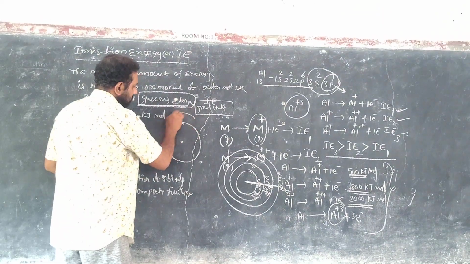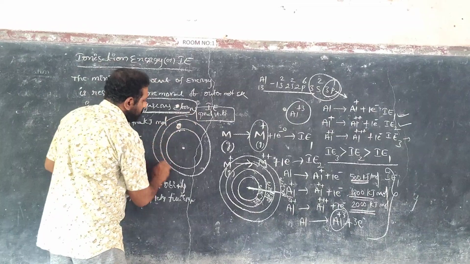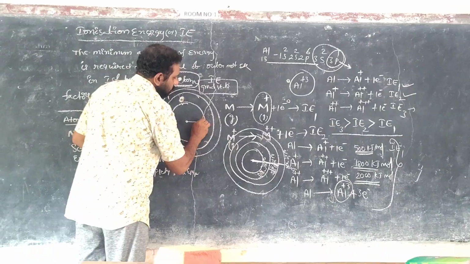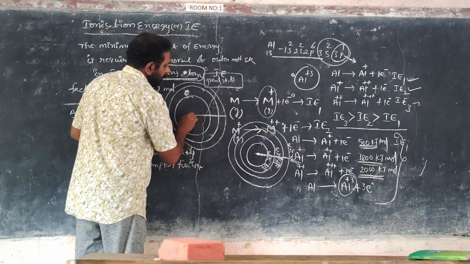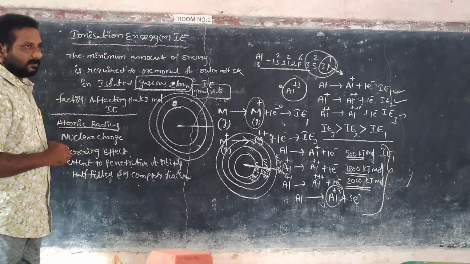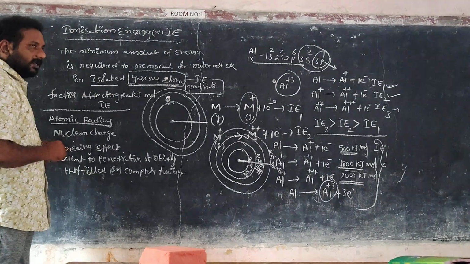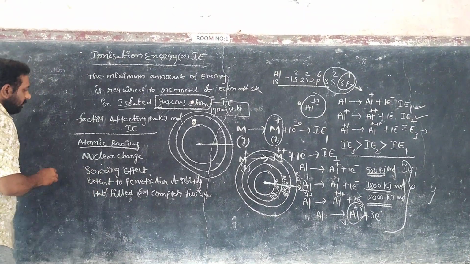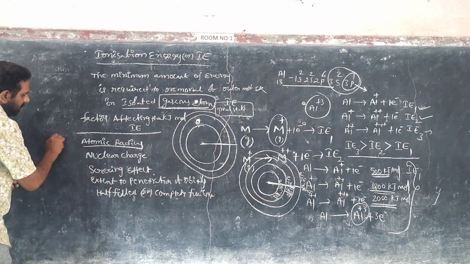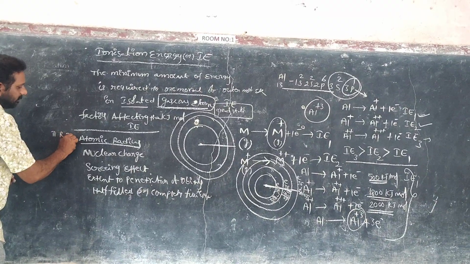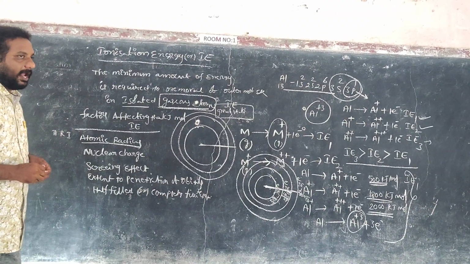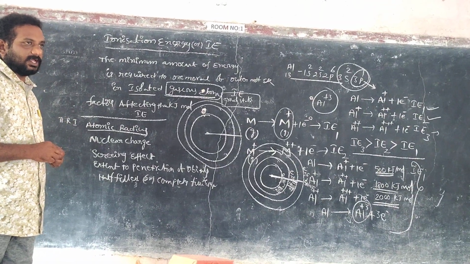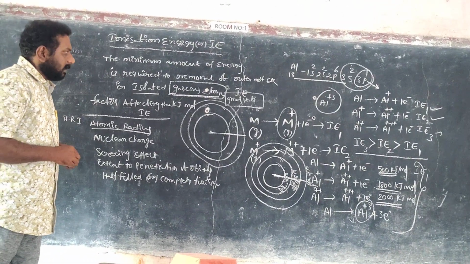The distance between the nucleus and the outermost shell is called the atomic radius. When the atomic radius increases, the ionization energy decreases. Why?